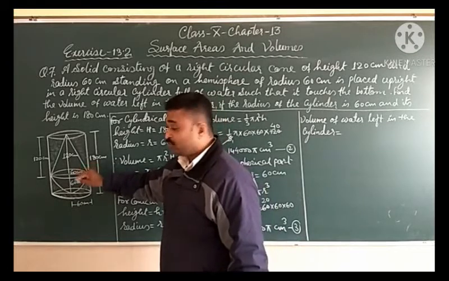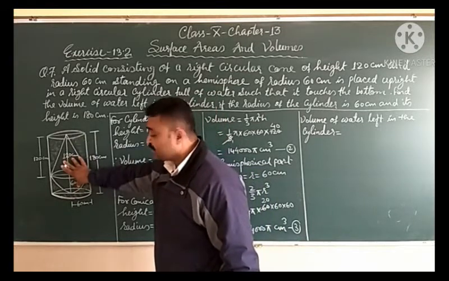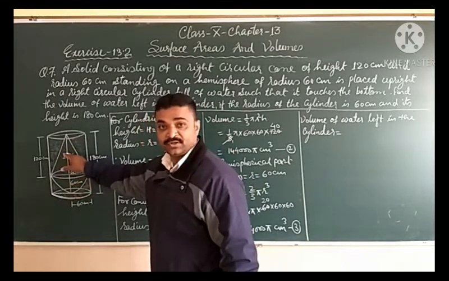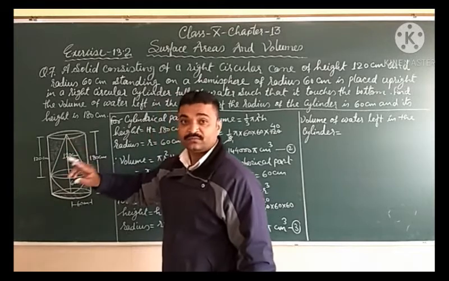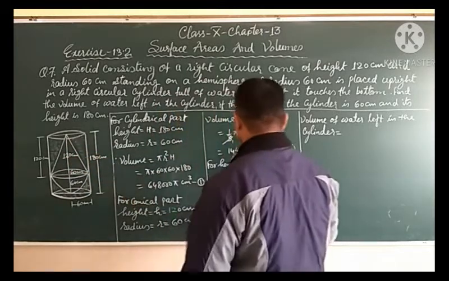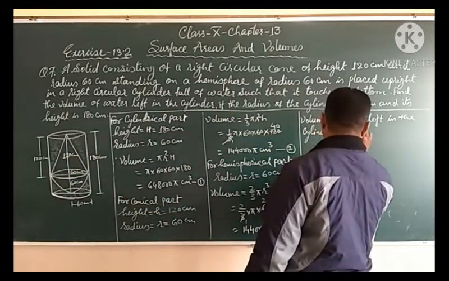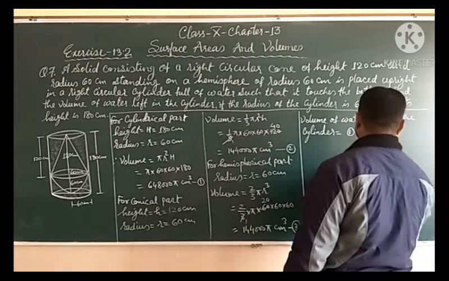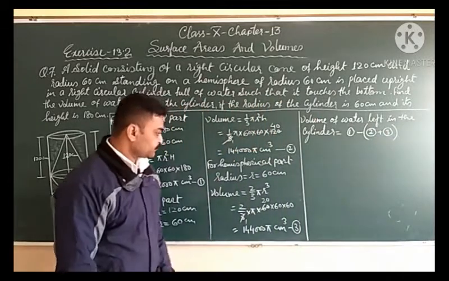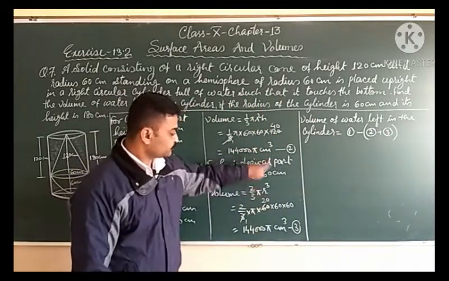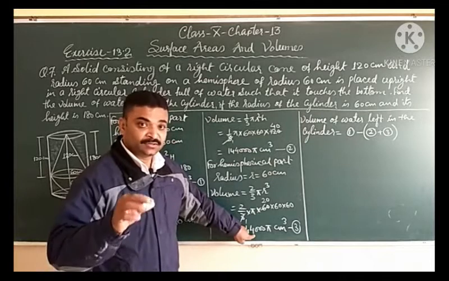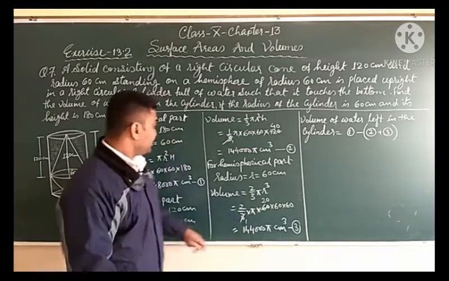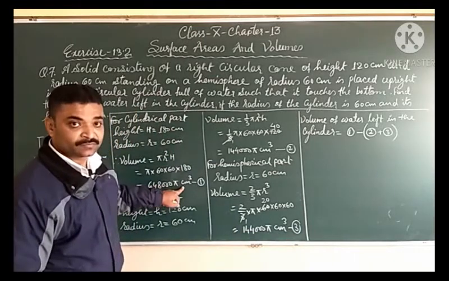So what we do is subtract the volume of this solid, the sum of these two parts, from the volume of the cylinder. So we write 1 minus 2 plus 3, where the sum of these two gives the volume of the solid inside the cylinder, and the first part is the volume of the cylinder.